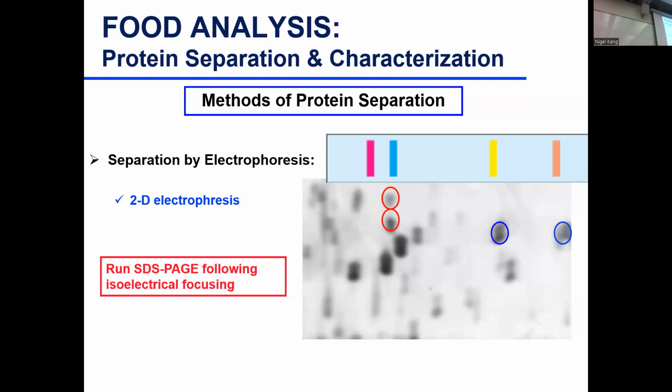So it's a more comprehensive method, and it's more complicated. It needs more work. So with 2D electrophoresis, you can separate proteins based on their charge or isoelectric point, and then based on their size, both of them.